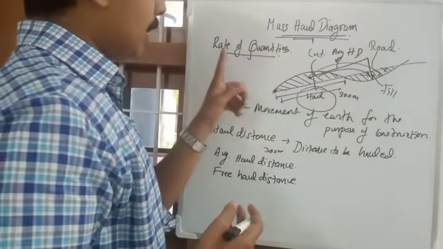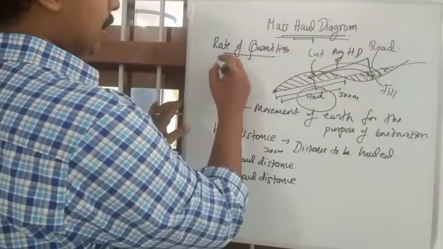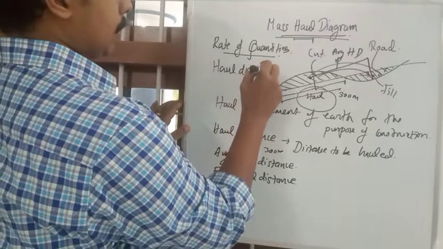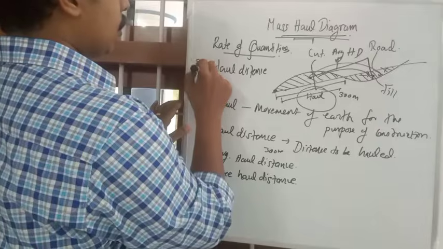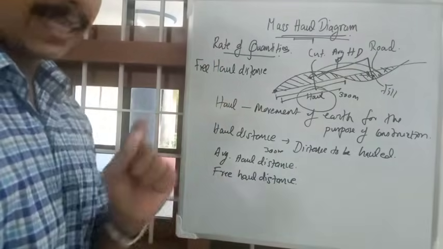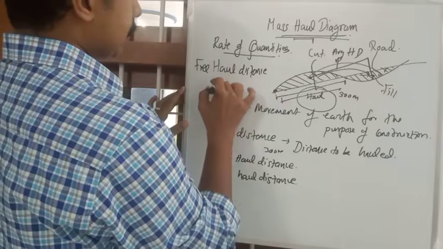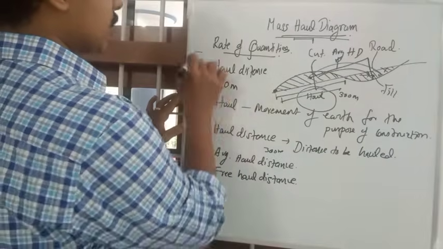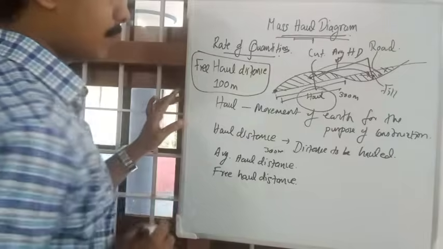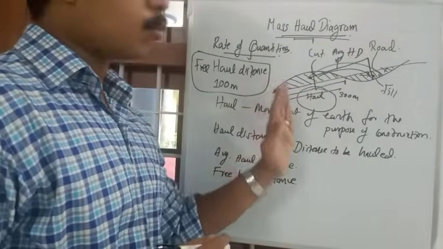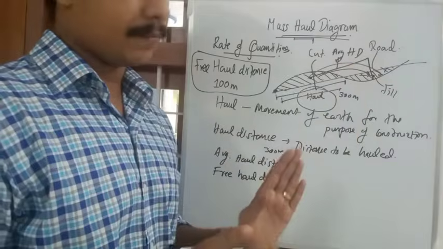So in rate of contract there will be a particular haul distance that is free, that is called free haul distance. For example, if suppose 100 meters is free haul distance, that means for each m cube of earth to move 100 meters will be free.